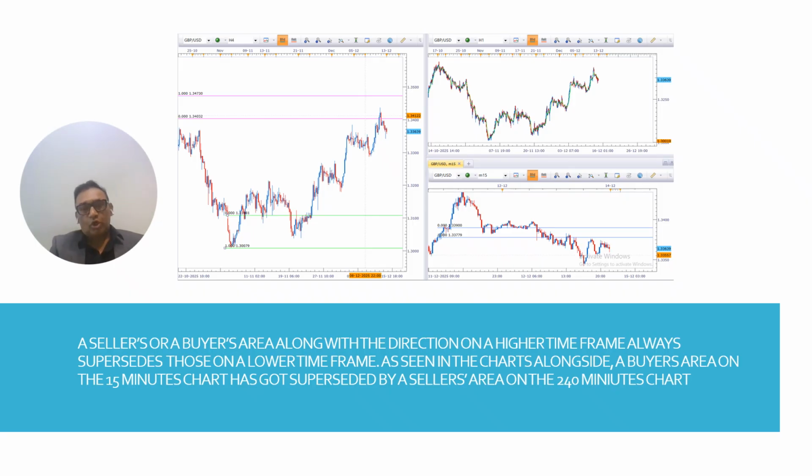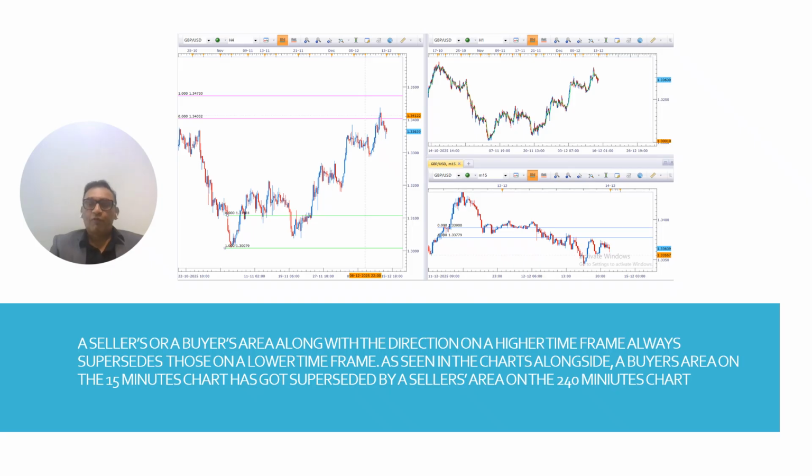A seller's or a buyer's area along with the direction on a higher time frame always supersedes those on a lower time frame. As seen in the chart alongside, a buyer's area on the 15 minutes chart has got superseded by a seller's area on the 240 minutes chart.